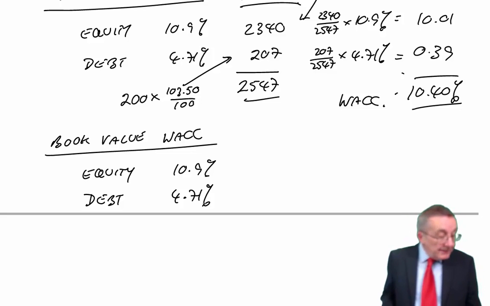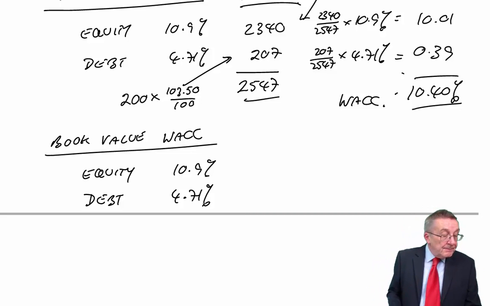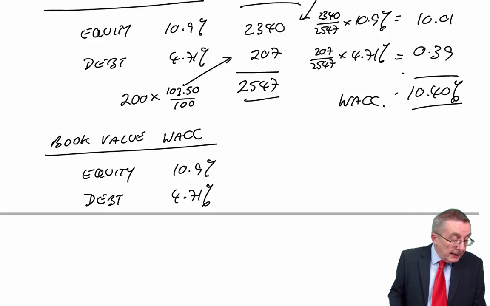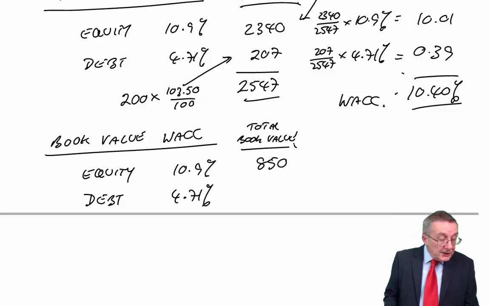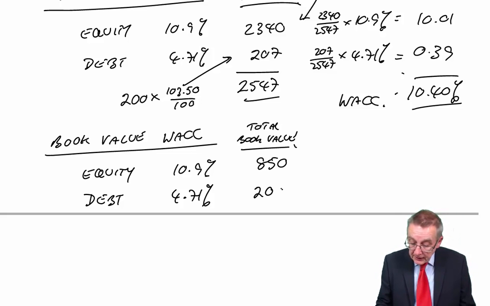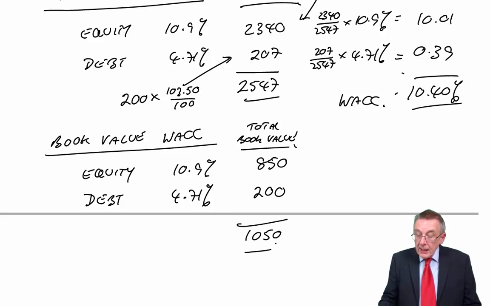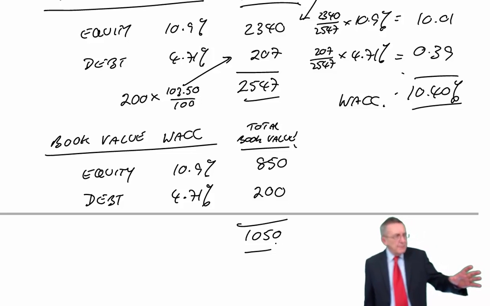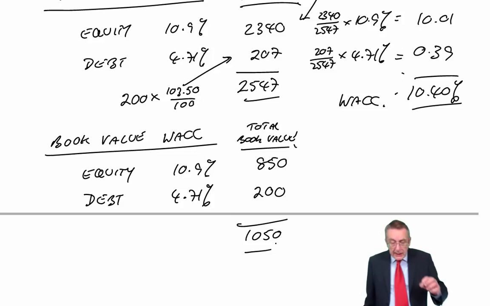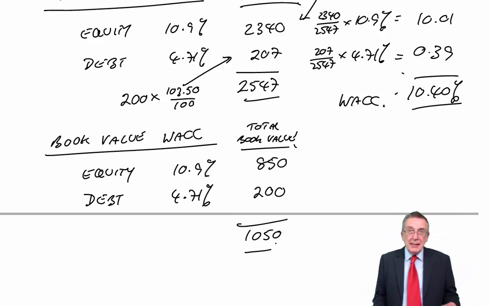And what is the total book value of the equity? Well, it's the share capital and reserves. It's 850, the total book value. The debt, the book value of the loan notes, is 200, a total of 1,050. And I better just mention one thing, but this occurred in one of the questions also in section A. The book value of equity is, as we got there, the share capital plus reserves.